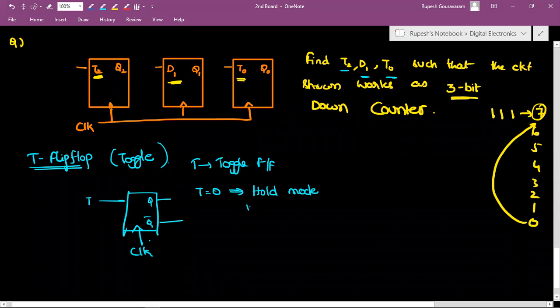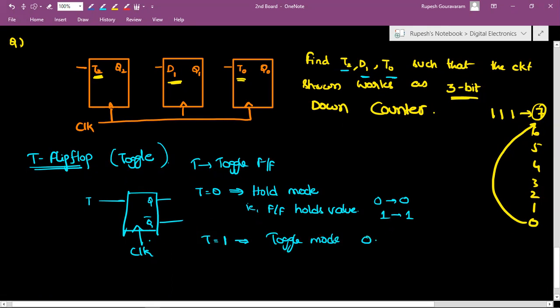That is, the flip-flop holds whatever value is present. If it is 0, it holds as 0. If it is 1, it holds as 1. If T is 1, then it is known as toggle mode. In toggle mode, if it is 0, then 1 will be present. If it is 1, then 0 will be present. So T is known as toggle mode.